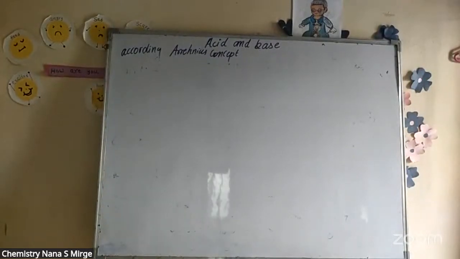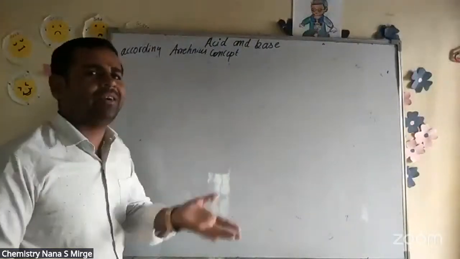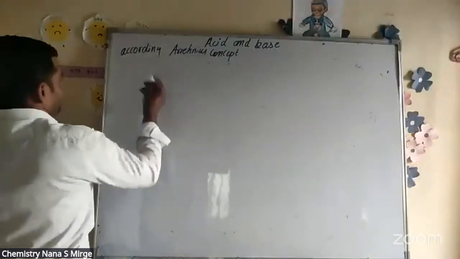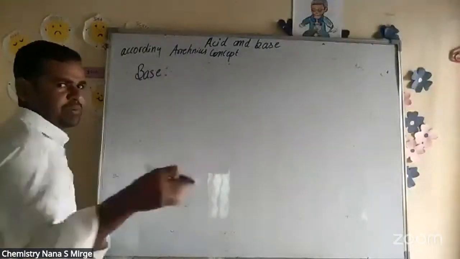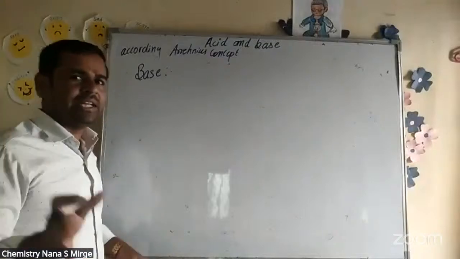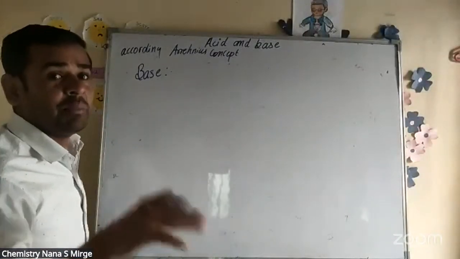Then the next concept is base. Base again according to Arrhenius concept. What is the base? pH is not a basic concept. According to the Arrhenius concept, what do we call a base?